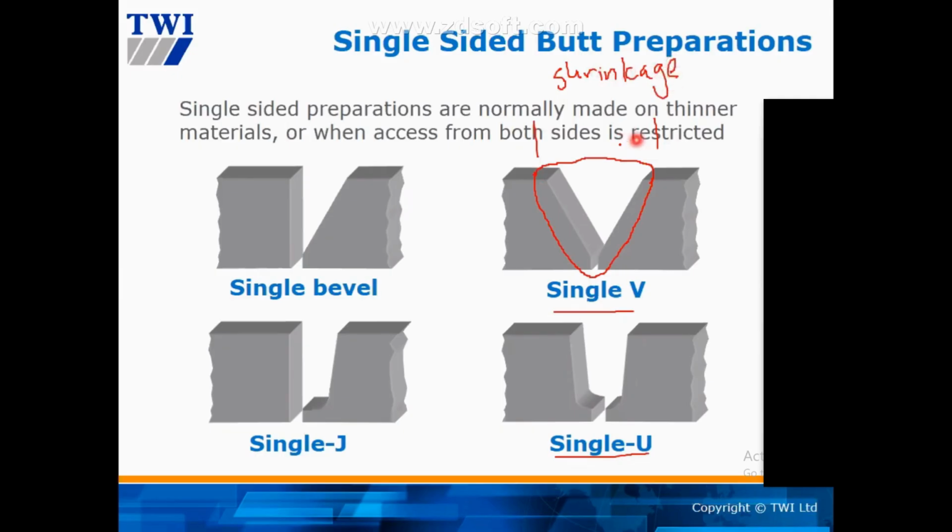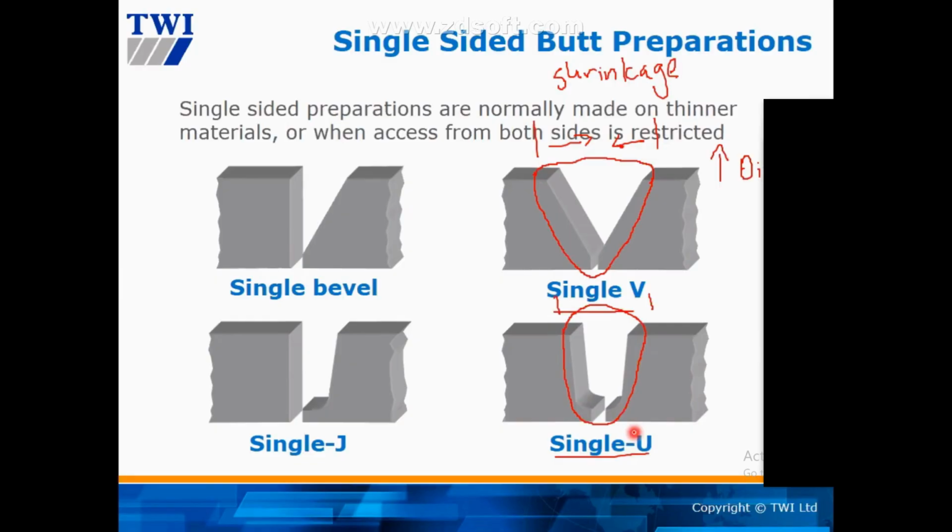Comparing to single U, you get a small volume of weld and then small shrinkage. As a result, single V gets more distortion compared to single U.